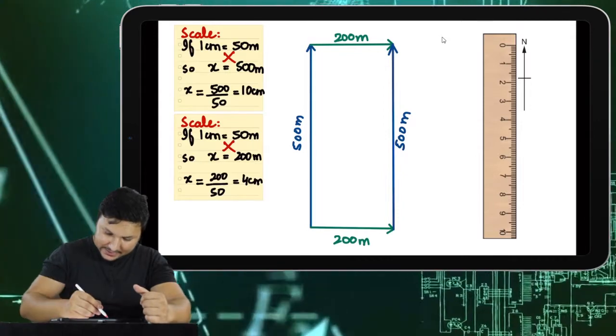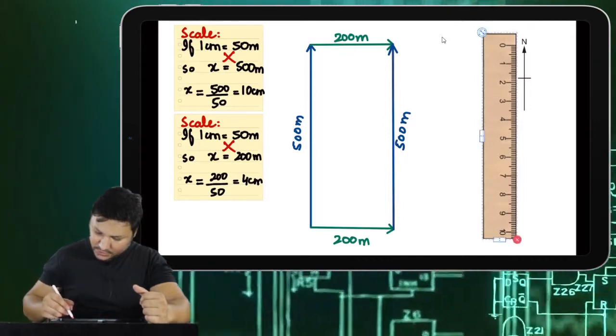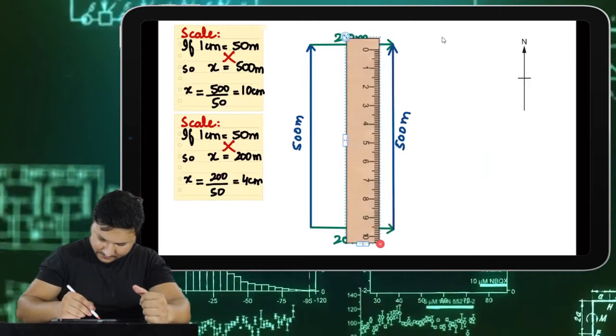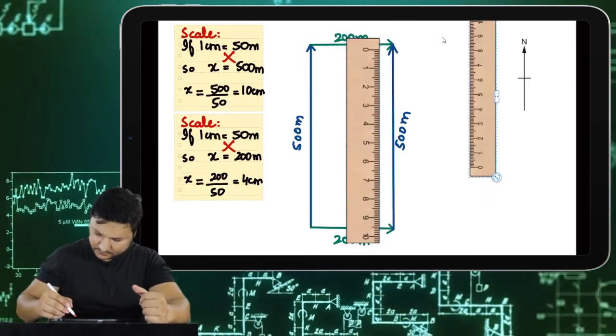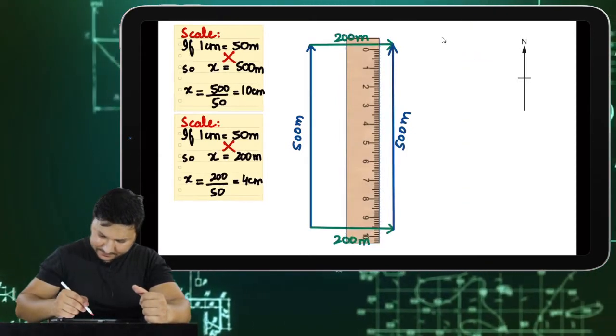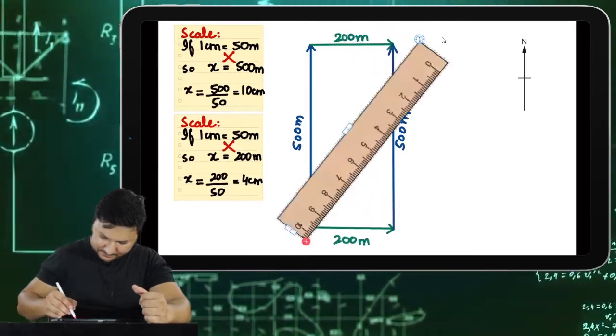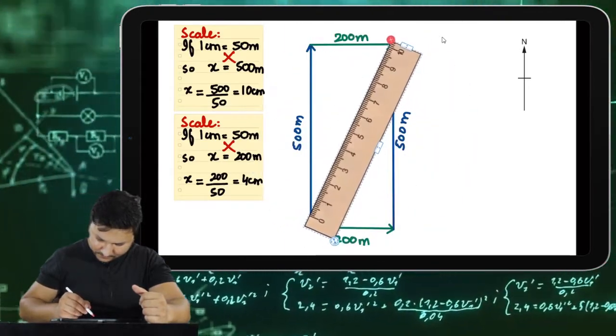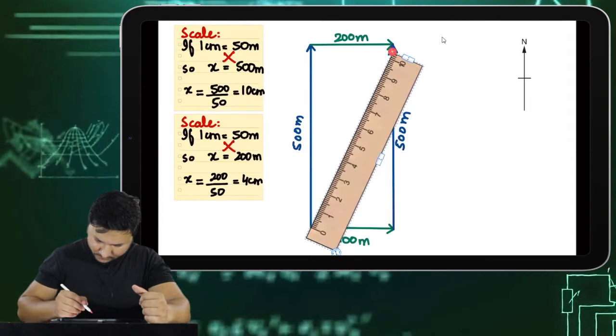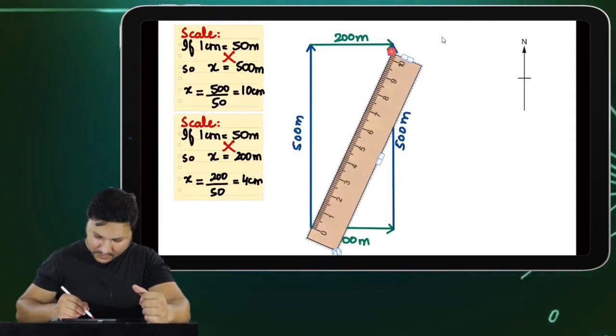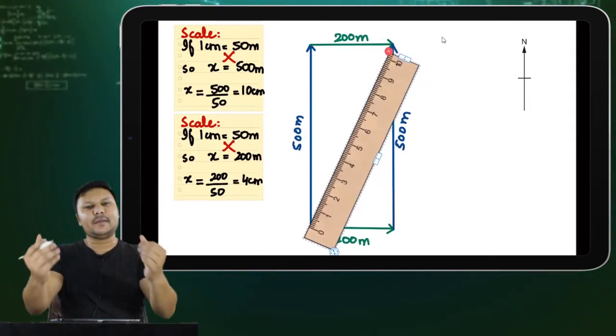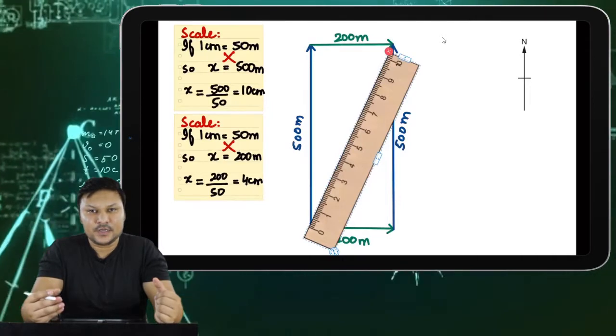So let me adjust this ruler. Now you must be thinking, why am I using a 10 centimeters ruler?